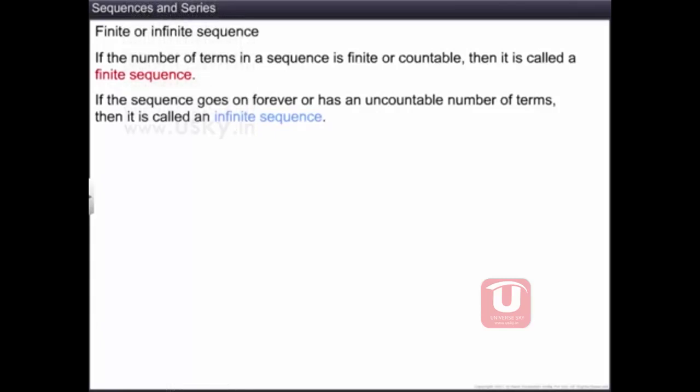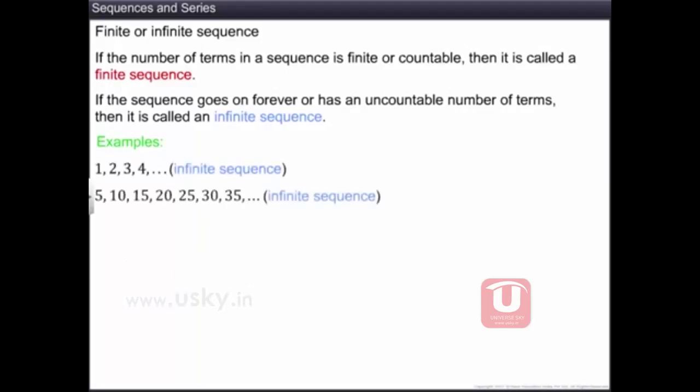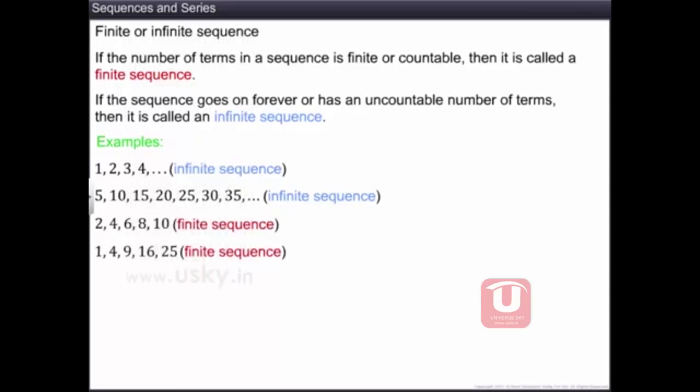For example, the sequence of natural numbers and the sequence of all the multiples of 5 is an infinite sequence. However, the sequence of the first 5 even numbers and the squares of the first 5 natural numbers is a finite sequence. The terms of a sequence can be expressed by an algebraic formula.